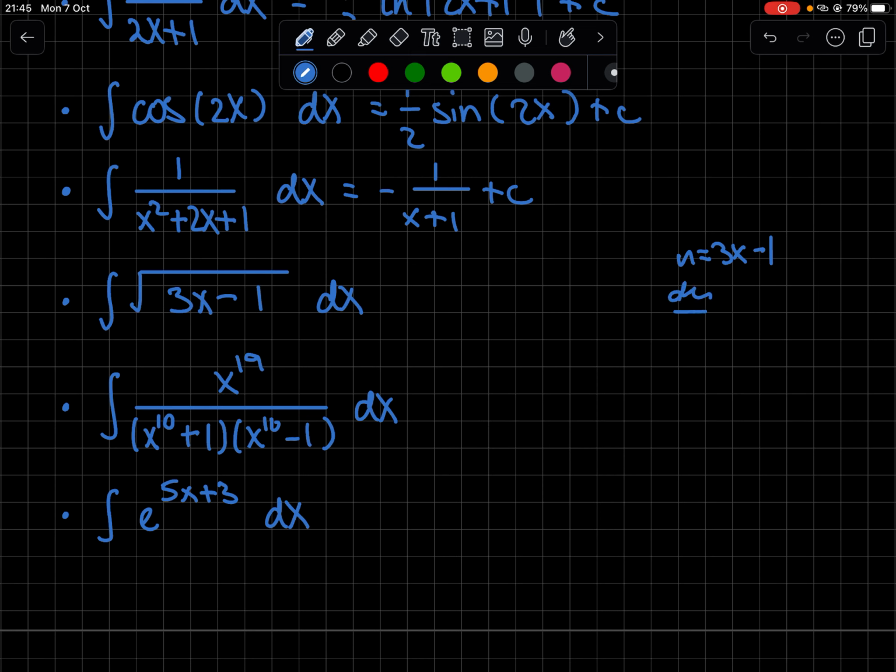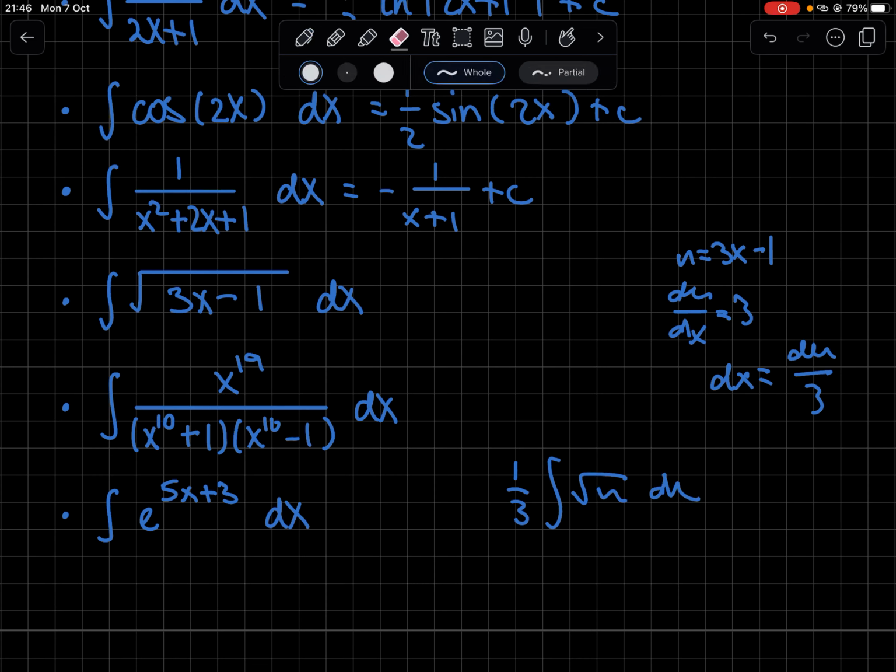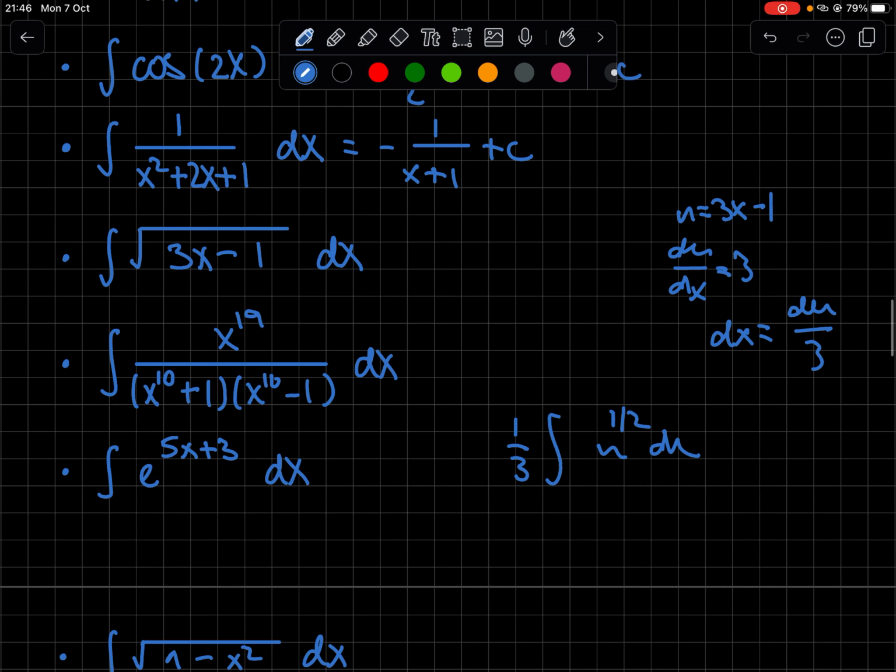Then du by dx will be 3, so dx equals du over 3. And we can bring this factor of a third out front. So we're going to get 1/3 integral of the square root of u du. And the square root we can rewrite as a power of 1/2.